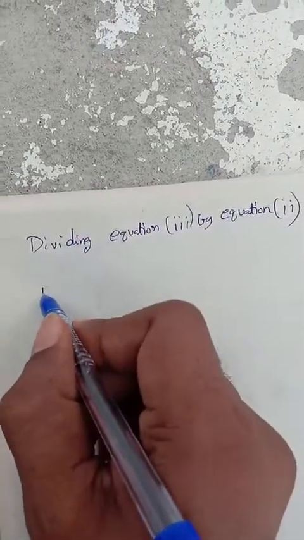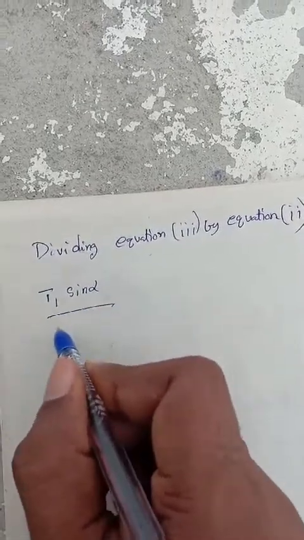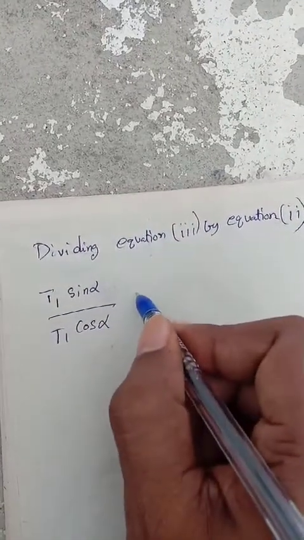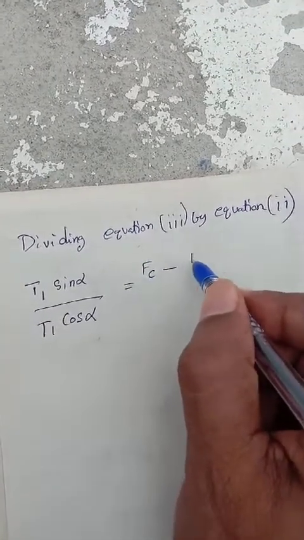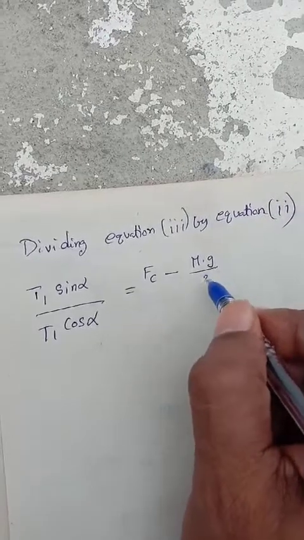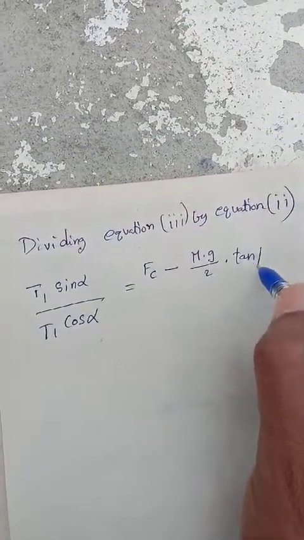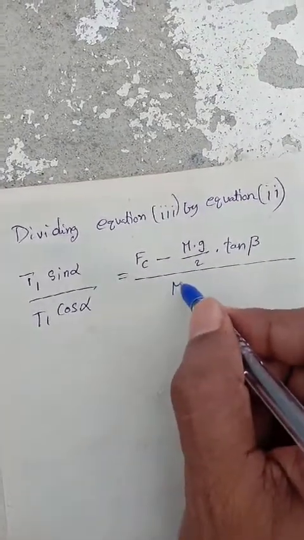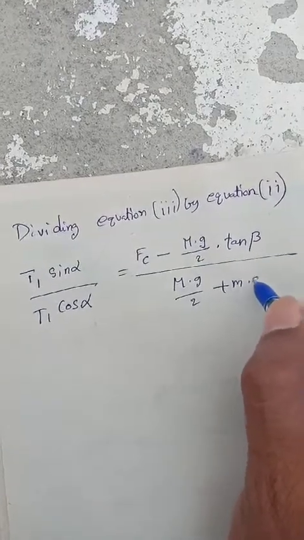Then T1 sin alpha divided by T1 cos alpha is equal to Fc minus capital Mg by 2 into tan beta, divided by Mg by 2 plus Mg.